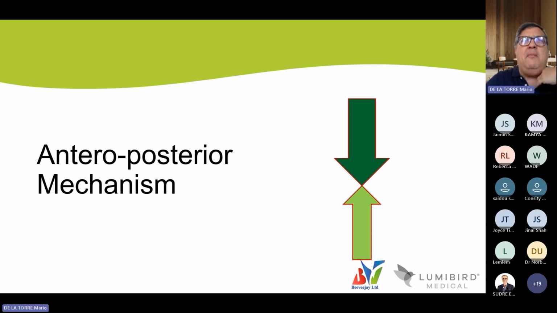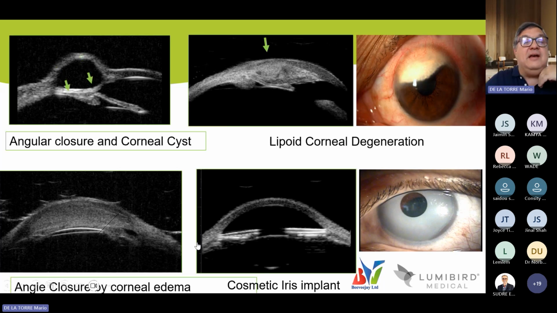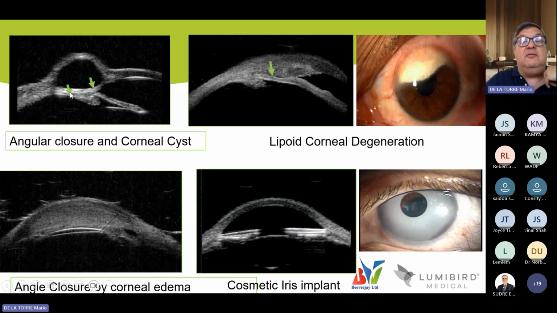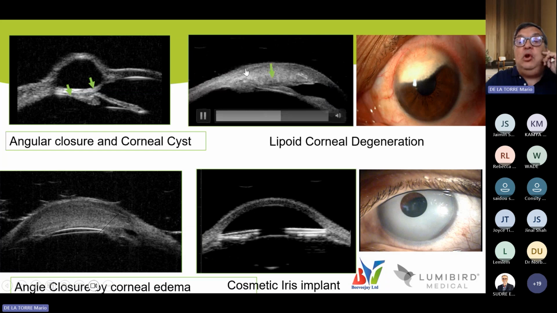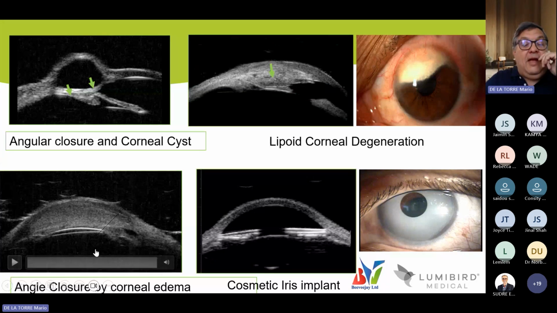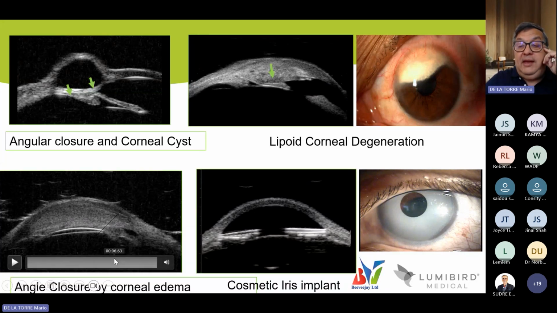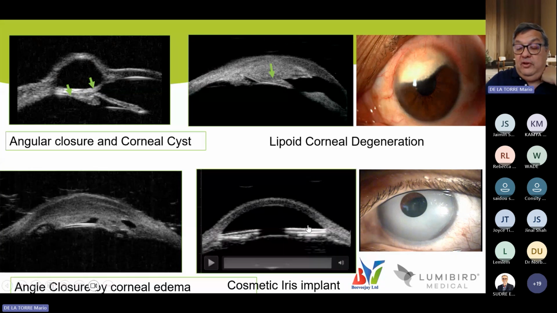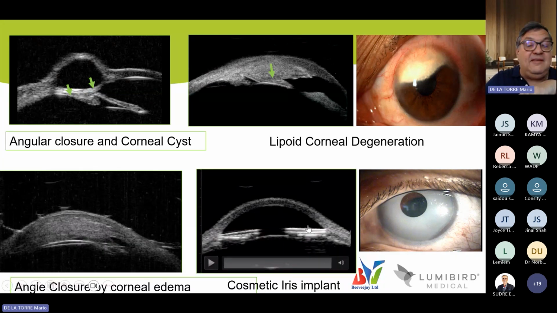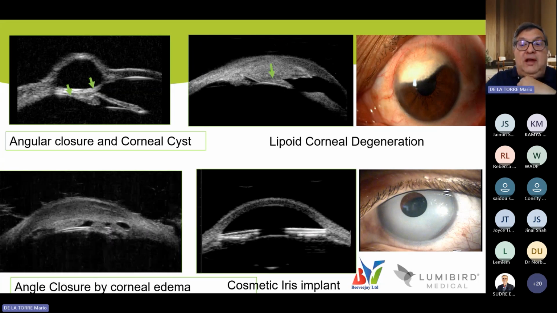It's not mentioned much in the books, but you can see a cyst that compresses the angle, lipoid corneal degeneration that closes the angle by corneal edema, and, in some places, a cosmetic iris implant that closes the angle. With UBM, you have an exact view of that kind of case.